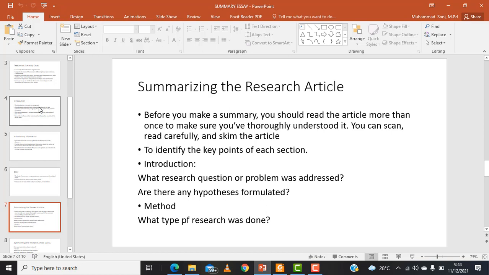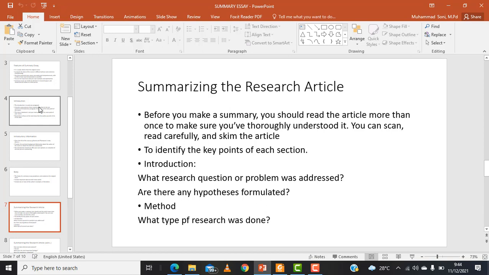findings and discussions, or some articles use the term results. In this section, the author shows their findings. For example, if the researchers use interviews or observation, in the findings they will show the results of the interview and questionnaire.